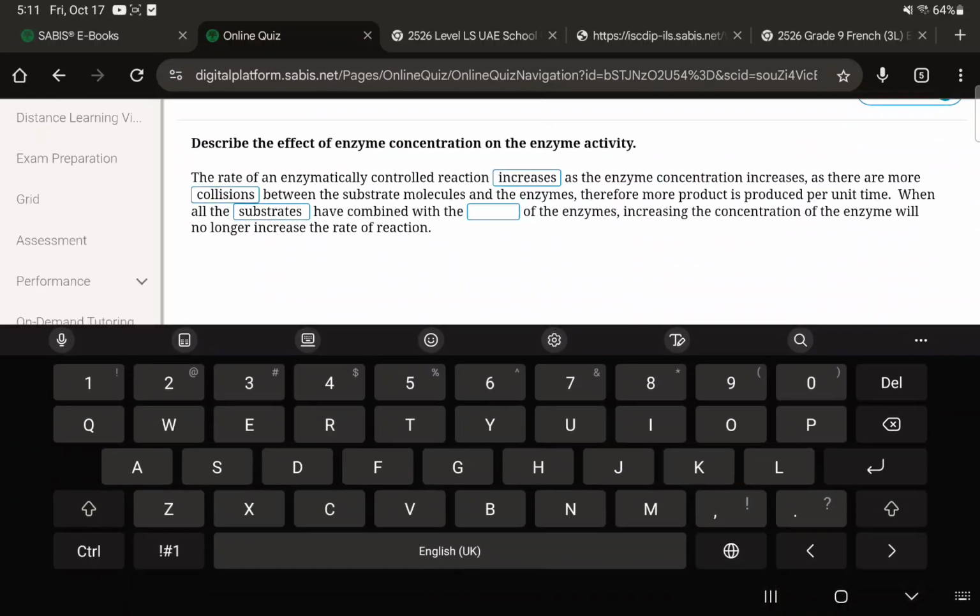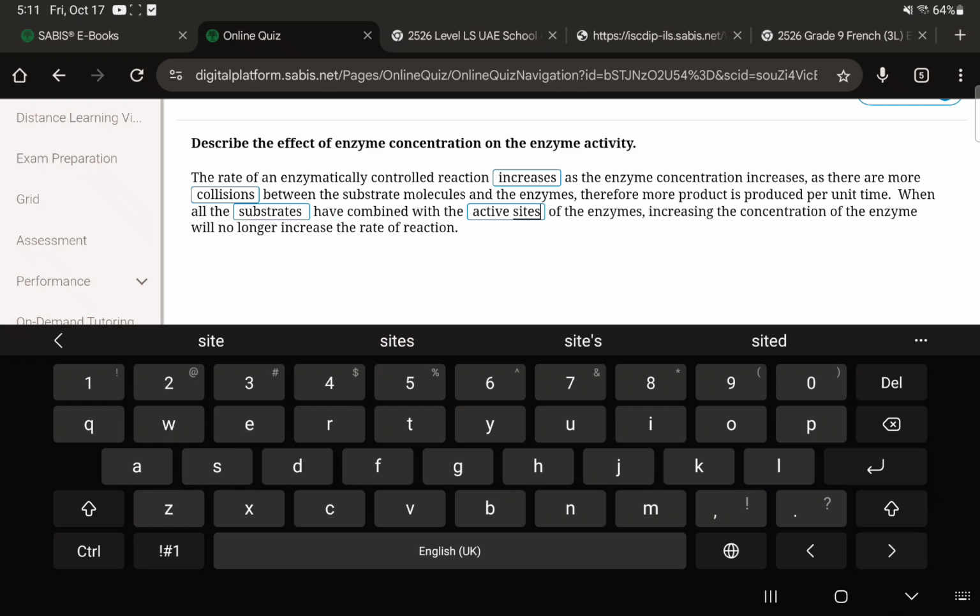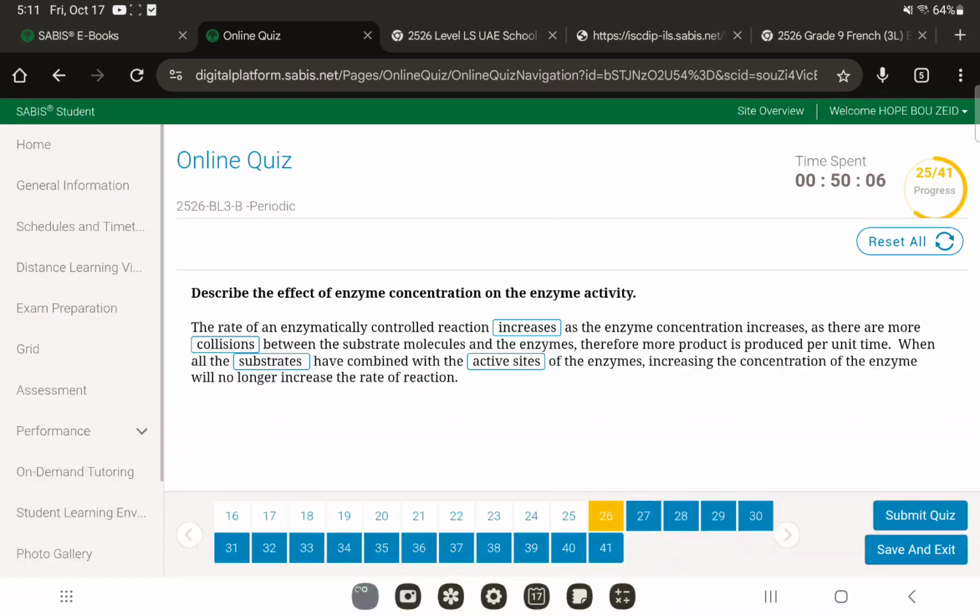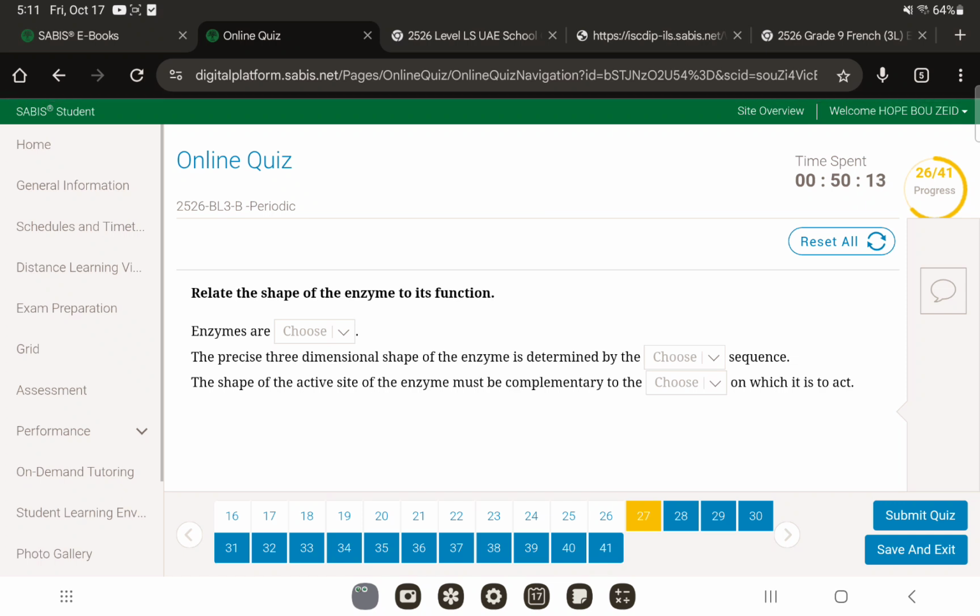Now, when all the blank have combined with the blank, I would say substrates have combined with the active sites of the enzymes, increasing the concentration of the enzyme will no longer increase the rate of the reaction. Enzymes are proteins.